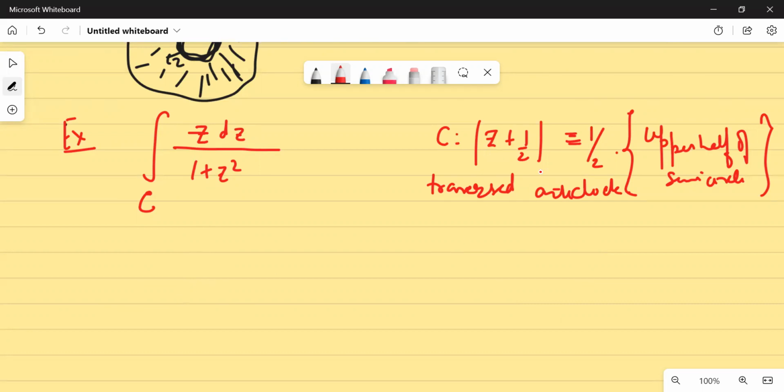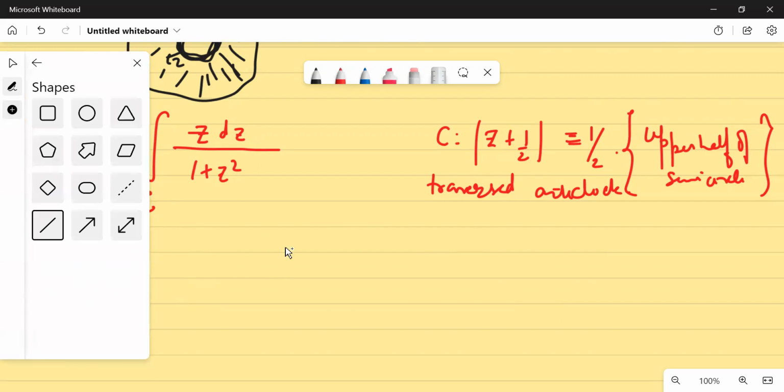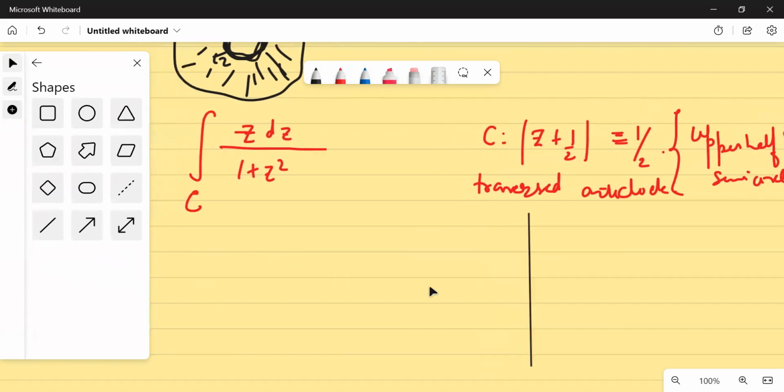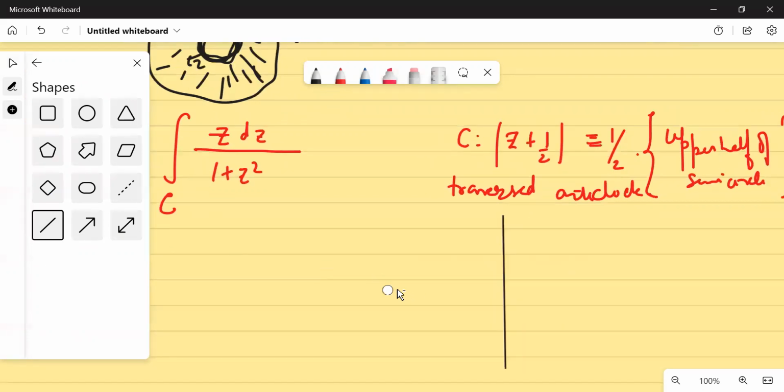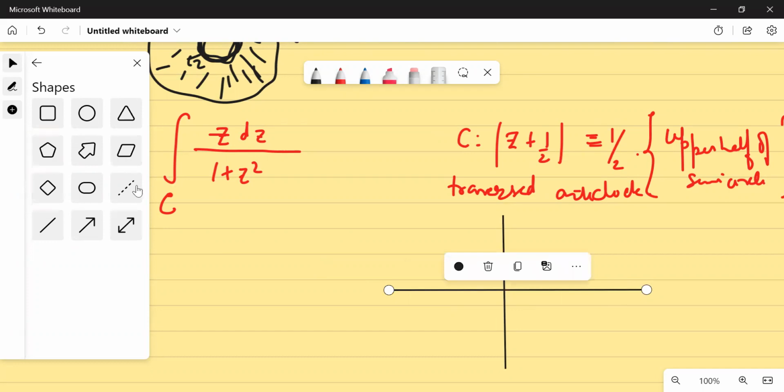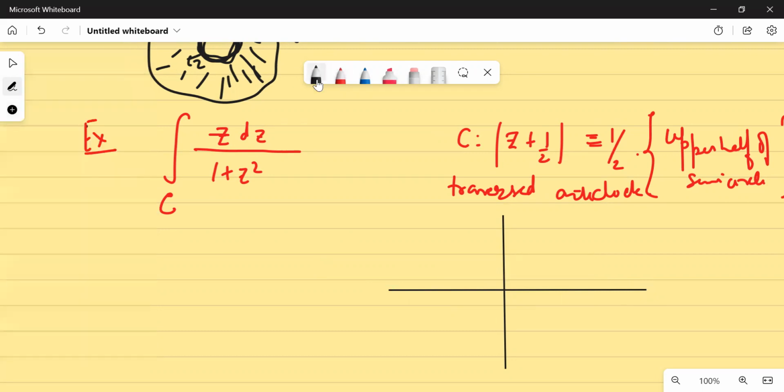So first, let's try to make this curve. What sort of curve would this be? I think I will make it from here. Okay, so I made a curve here. So let's first make what is mod z plus half equals half.